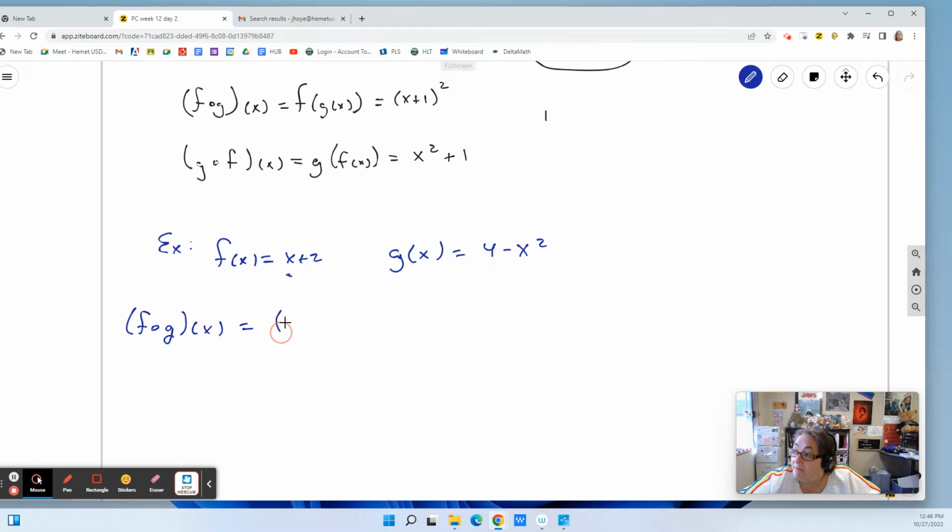So here I'm going to have 4 minus x squared plus 2, right? And then we're going to simplify it. We're not going to leave it like that. And that would be minus x squared, 4 plus 2 is 6, and it would look like that, right? Perfectly valid.